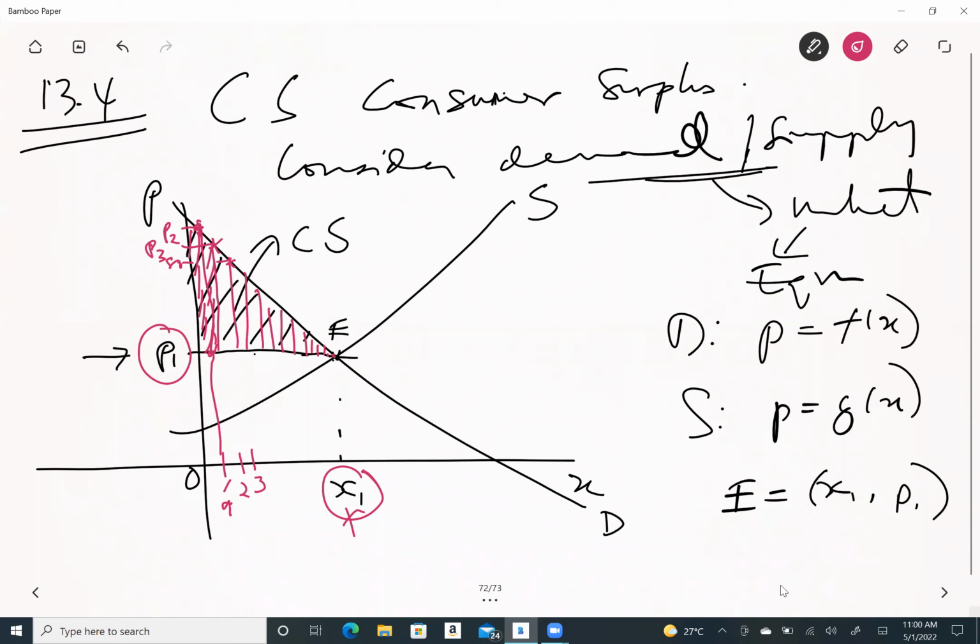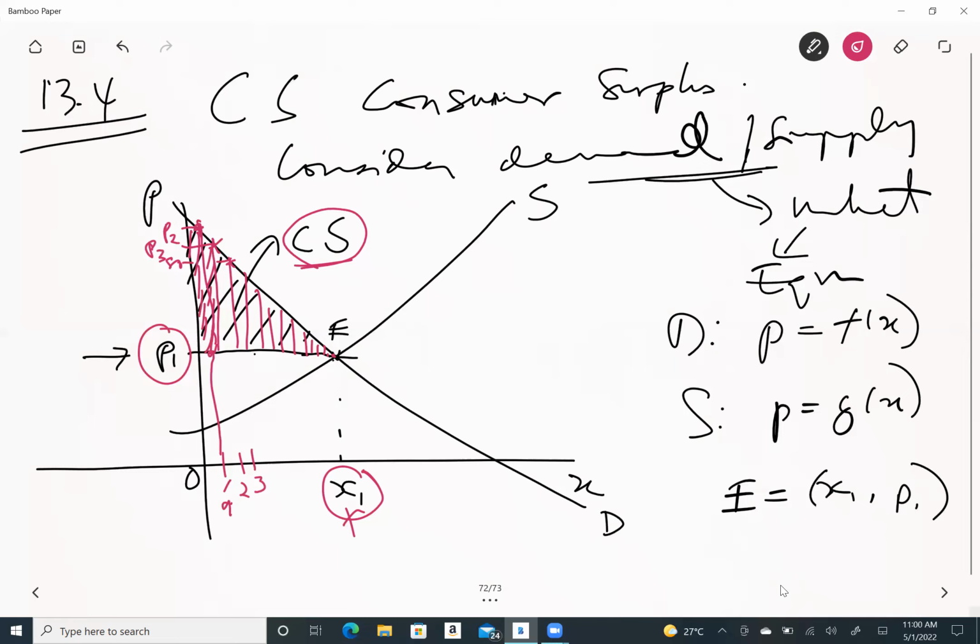All right, so the total area is what we call consumer surplus. That is the surplus to the consumers, the extra benefit to the consumers by buying X1 at P1.